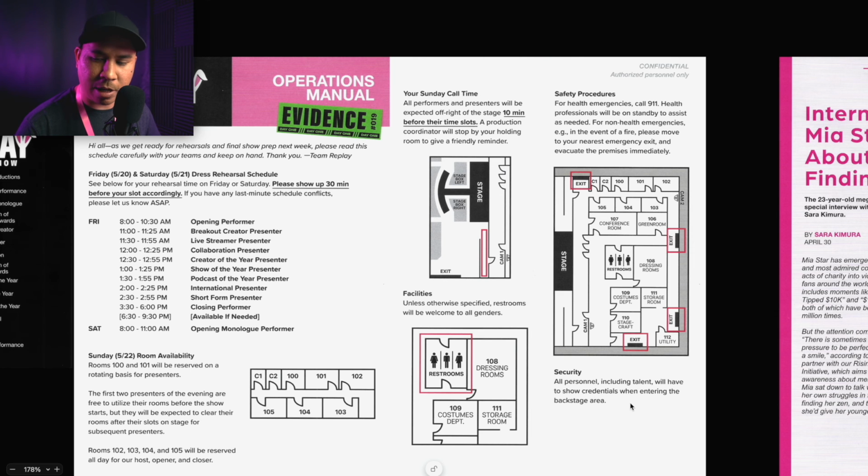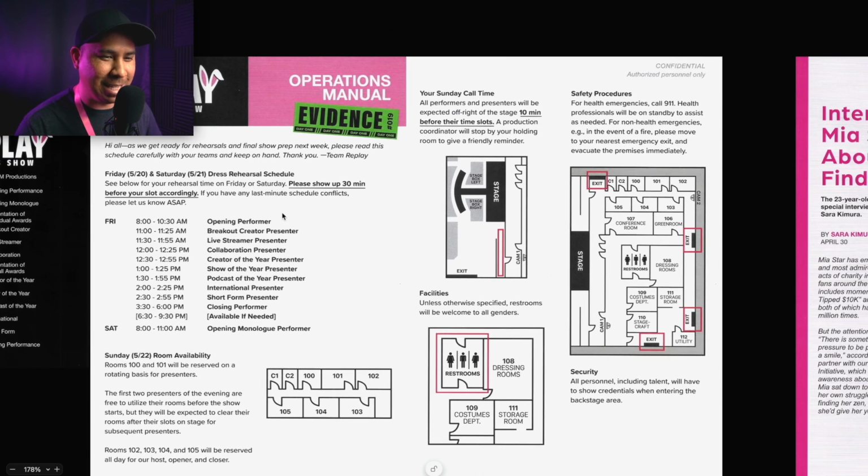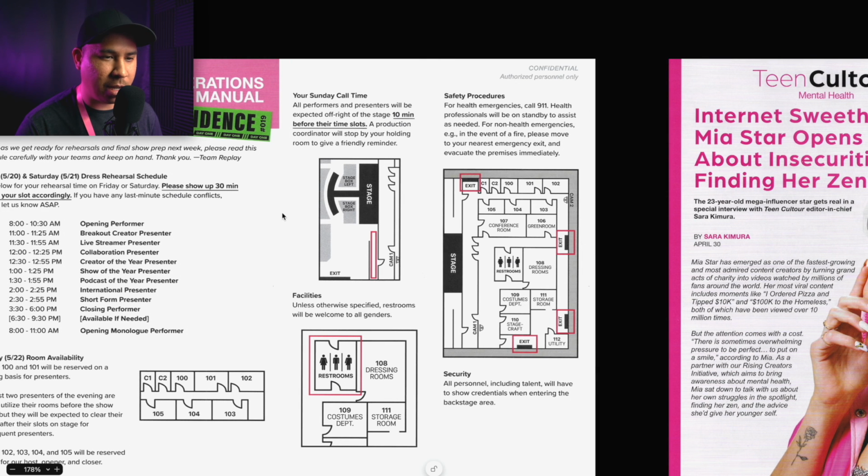Does that clear her right away? Oh no, the performance is only from 7 to 7:05, right here. So if Trixie did the opening performance, she would have had time to come down, get into a bunny costume, and then do the deed. All right, let's just move on for now.